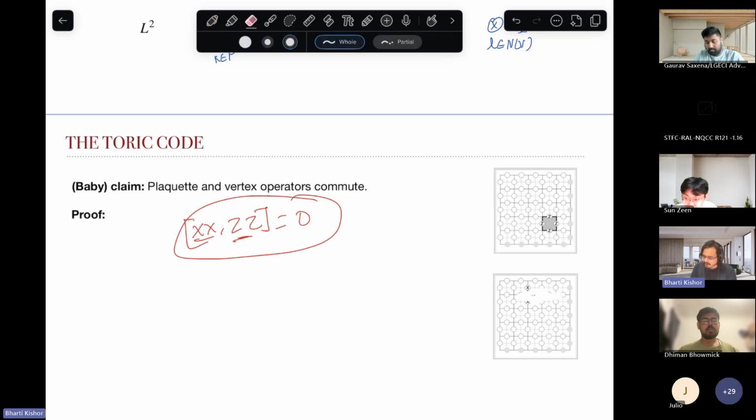The proof is very simple: whenever you construct a plaquette and a vertex generator, they will always overlap on an even number of qubits. And on an even number of qubits, X and Z will always commute. Hence plaquette and vertex operators will always commute.